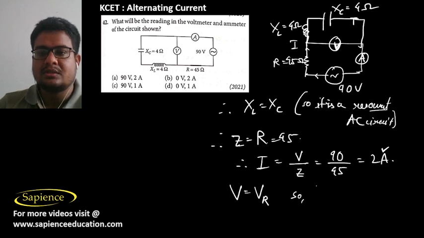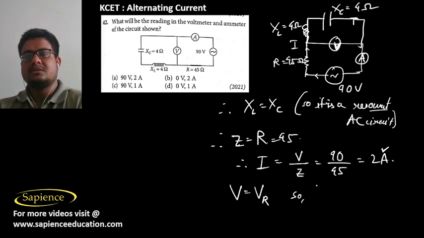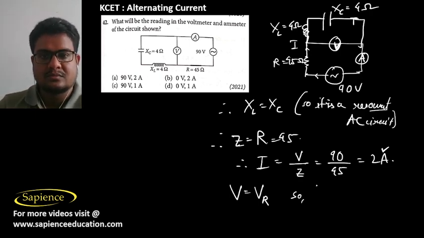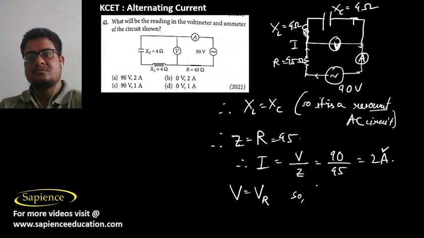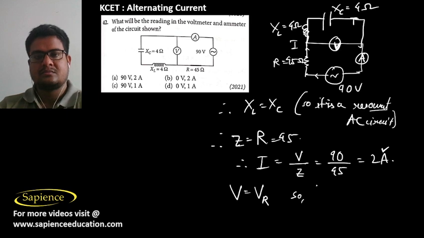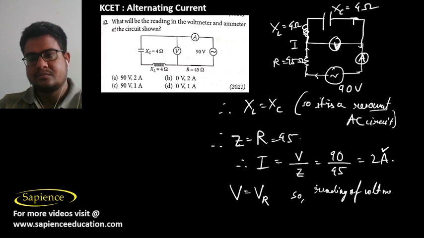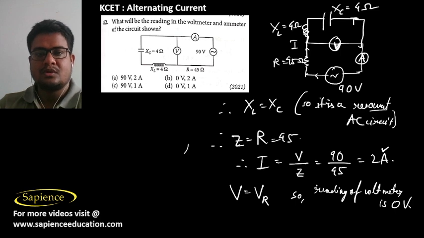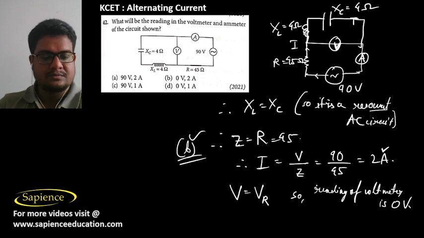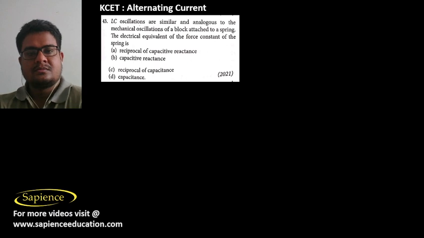The net voltage across the inductor and capacitor, that is the reading of the voltmeter, is 0. Option B is the correct answer.